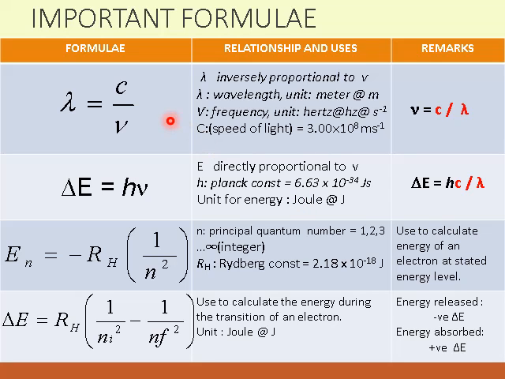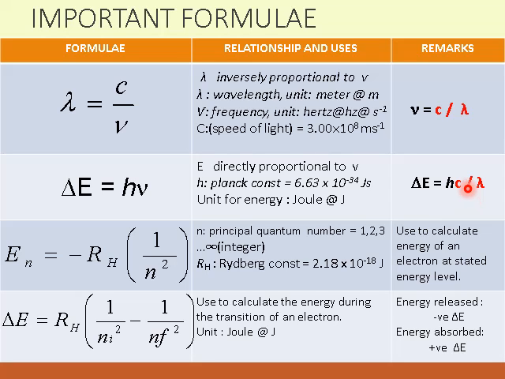Next is lambda. Lambda equals c over mu. Based on here, we notice that mu is equal to c over lambda. If we substitute into this formula, we will get delta E, and we can also apply the formula hc over lambda.